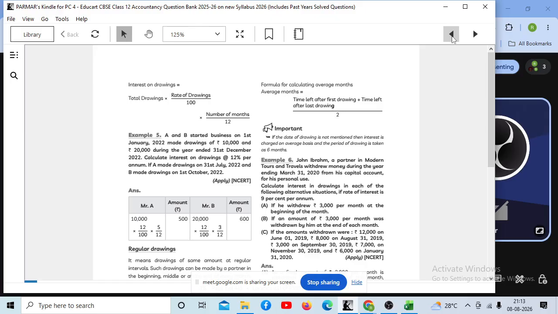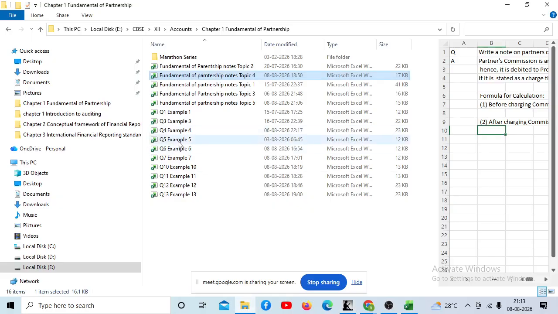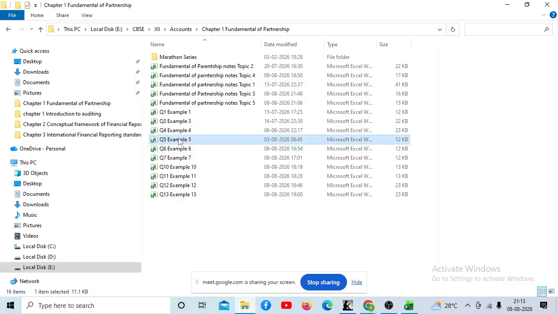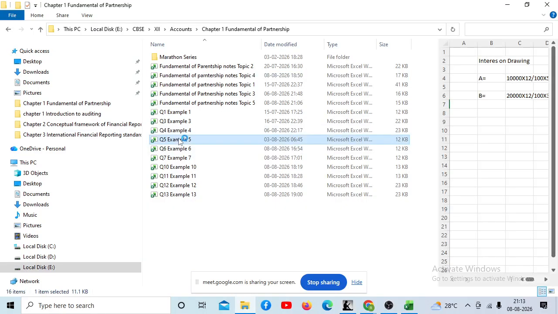Calculate interest on drawings at the rate of 12% per annum if A made drawings on 31st July 2022 and B made drawings on 1st October 2022, right? So we will solve this example number 5. Just take your notebook now. In the notebook we will be solving this example number 5.